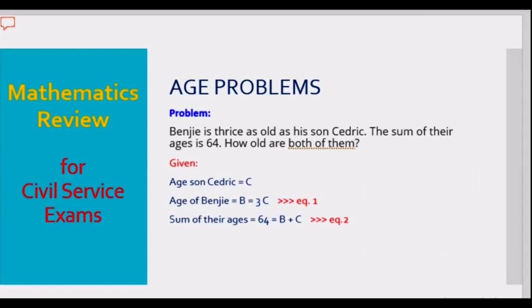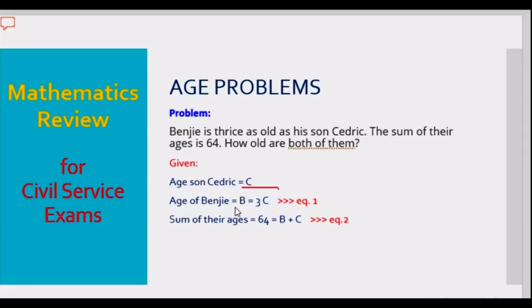Okay, so we will assume here that the age of Cedric is C. As given here, I made this assumption that Cedric's age is C. And Benji is twice as old.